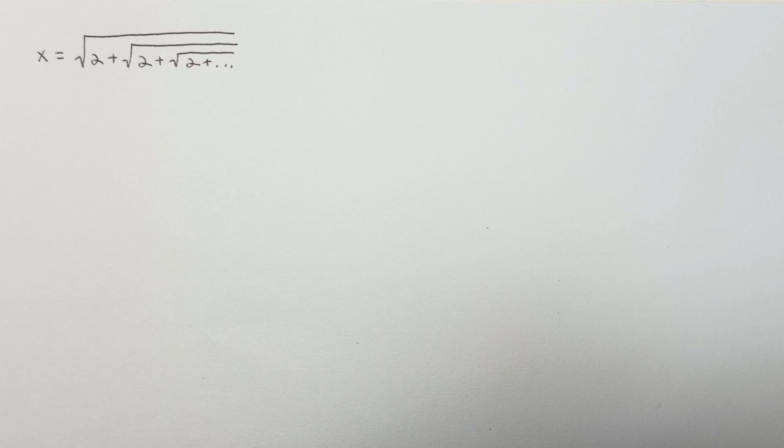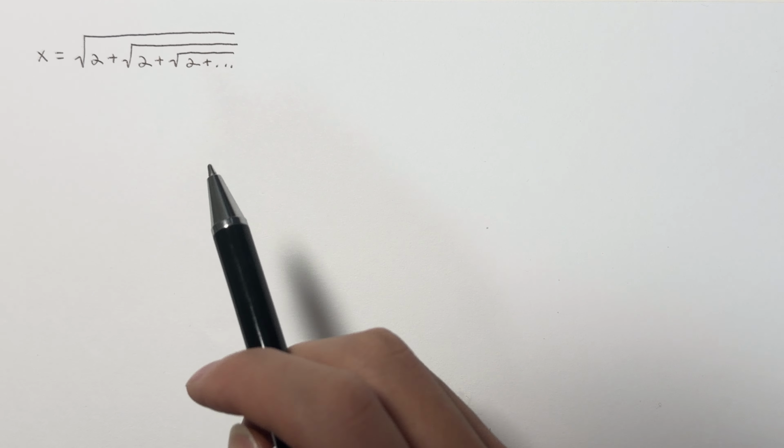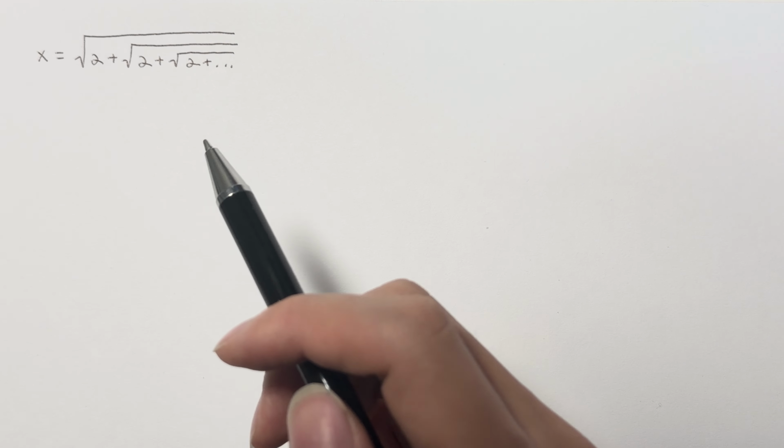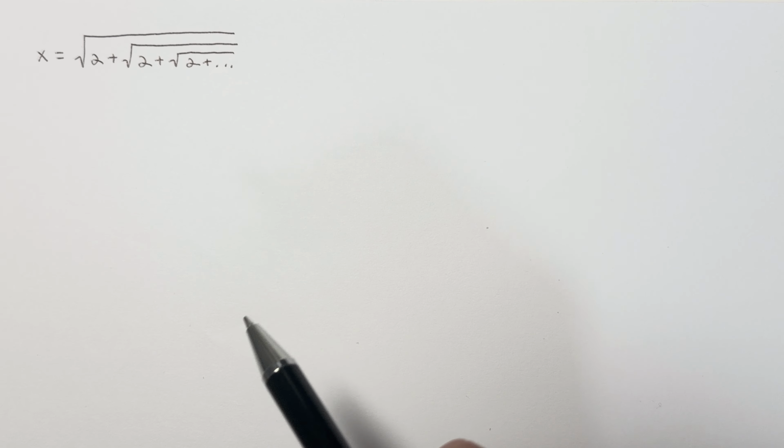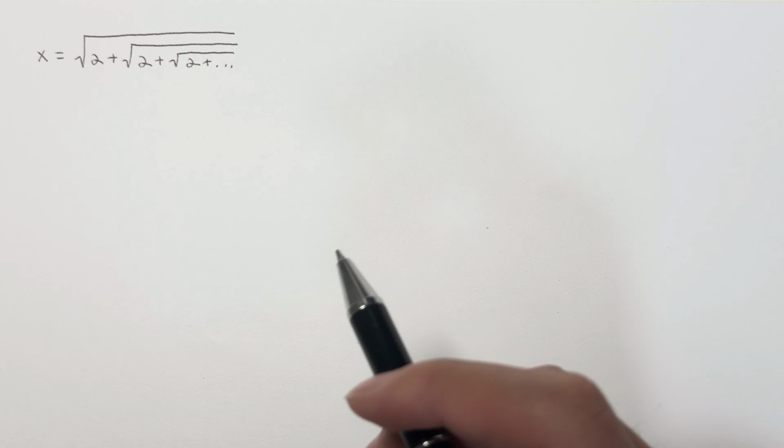Okay, so we need the brilliant insight. Look at what's under the first radical sign. We have 2 plus another square root of 2 plus another square root of 2 plus another square root of 2. But wait, that's the exact same pattern we started with.